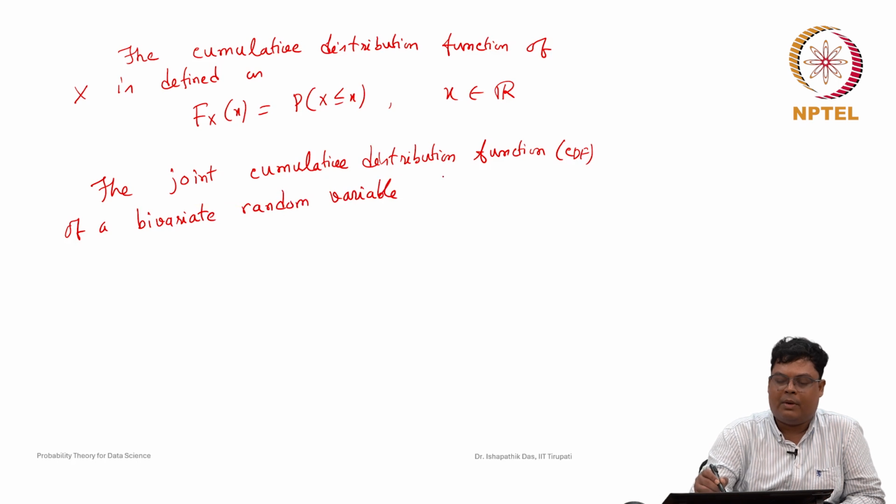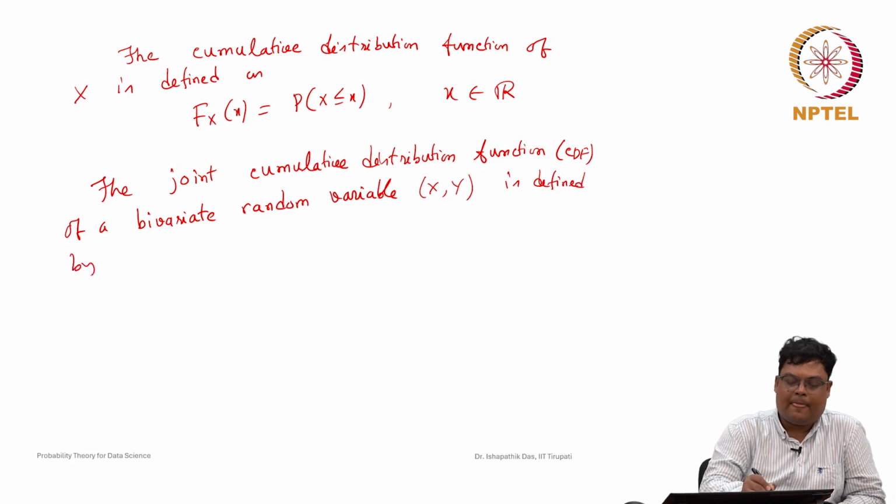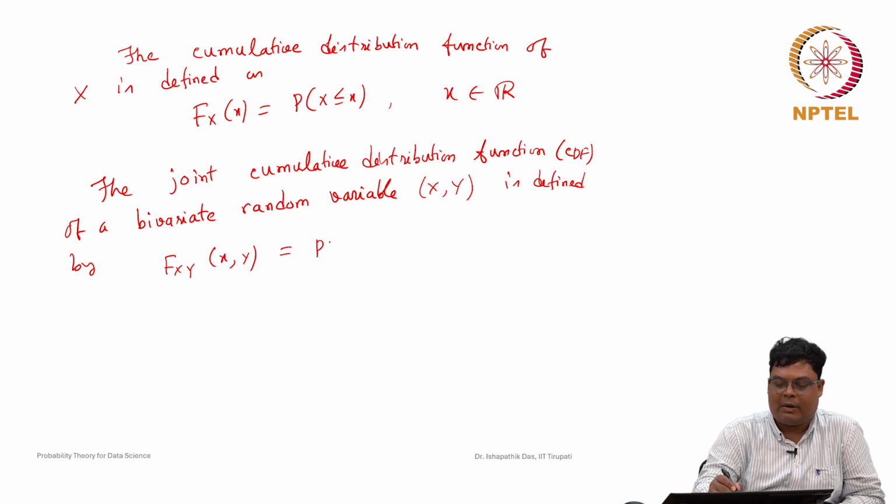Usually we write (X, Y) like this, or in third brackets, but for simplicity sometimes we will write it in first brackets. The bivariate random variable (X, Y) is defined by F of x, y, with small x and small y both real numbers. This is nothing but the probability that X is less than or equal to x, comma, Y is less than or equal to y.